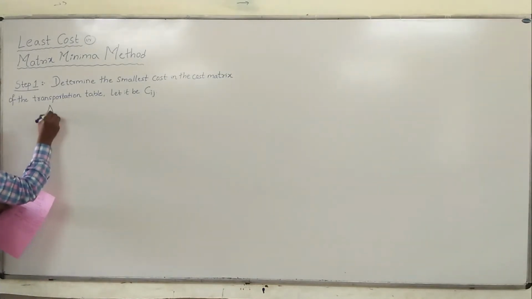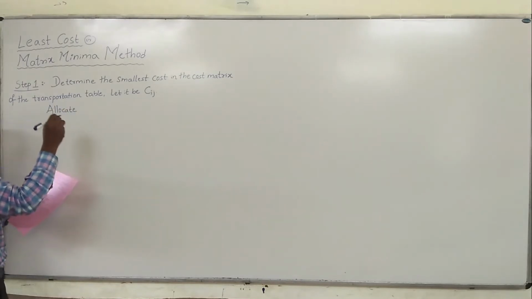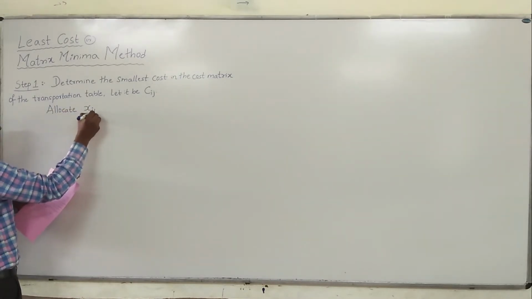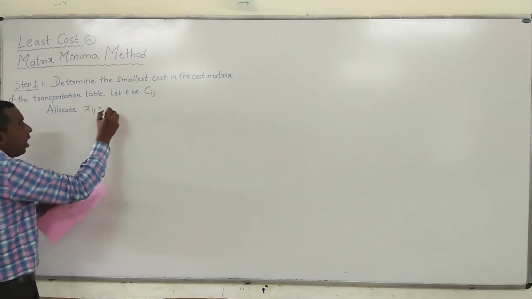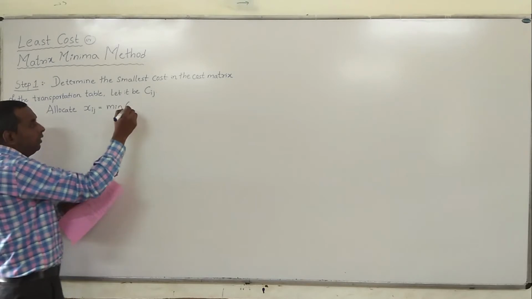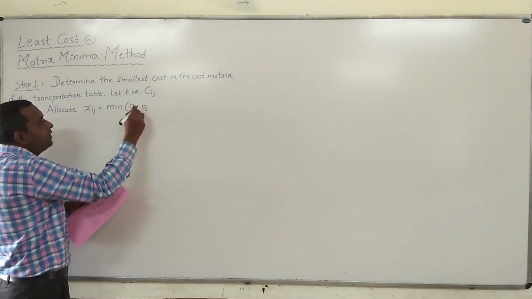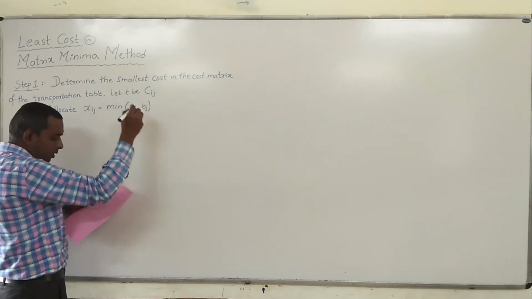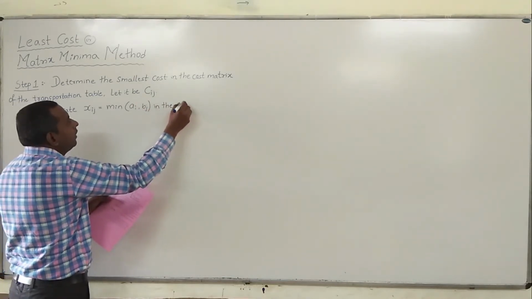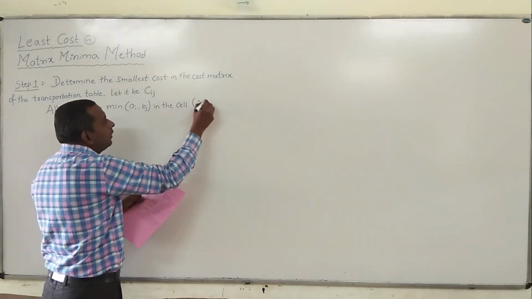Allocate Xij equal to minimum of Ai, Bj in the cell i, j.